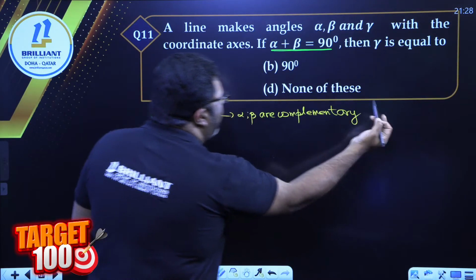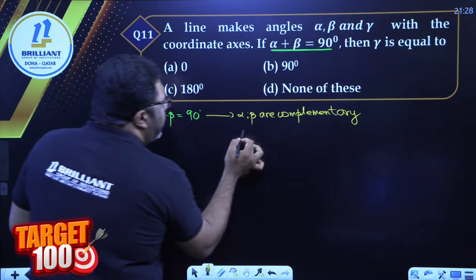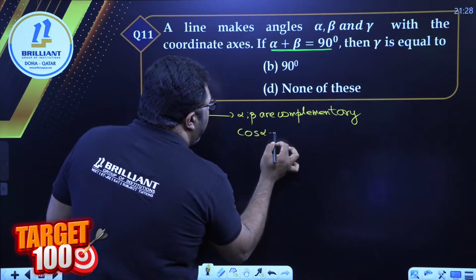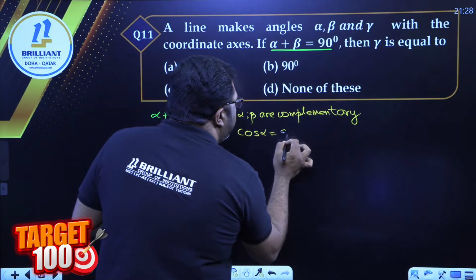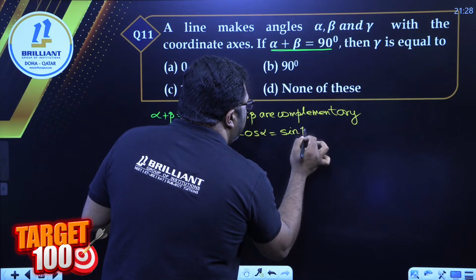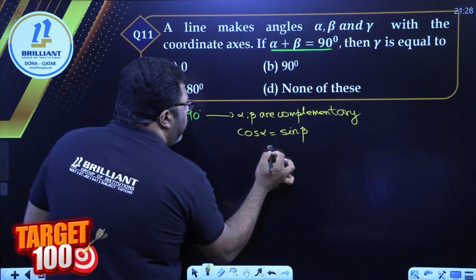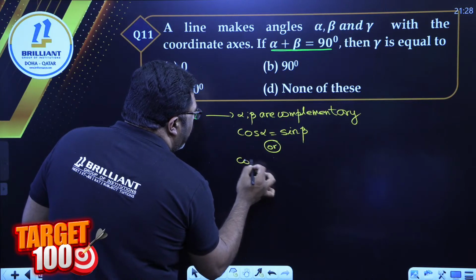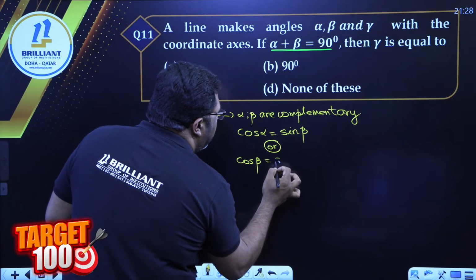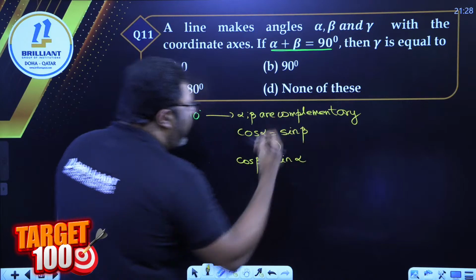What is the meaning of complementary angles? Complementary means cos alpha can be written as sin beta, or you can say cos beta equals sin alpha.